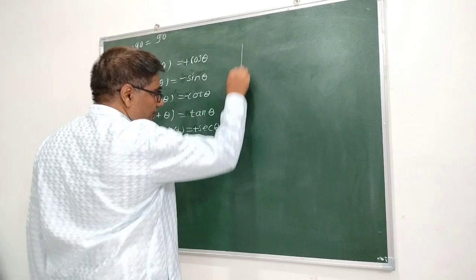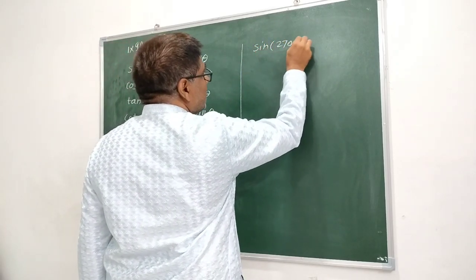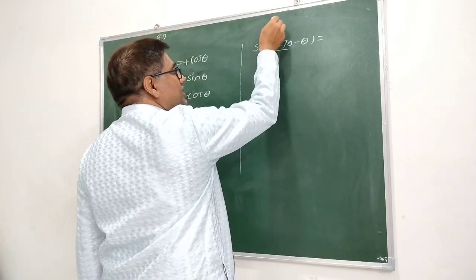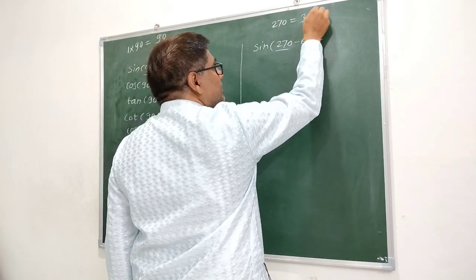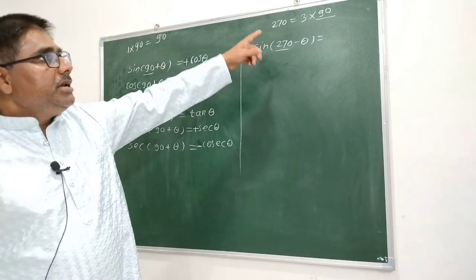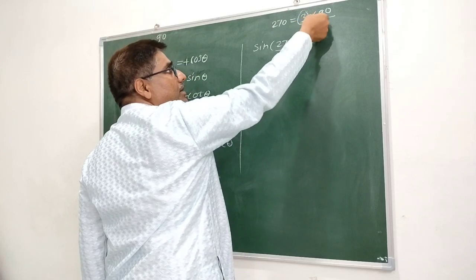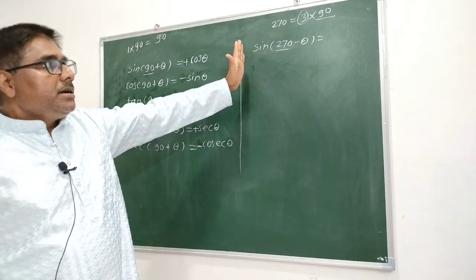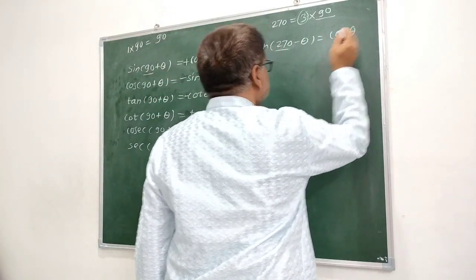Like this, whenever we have sine of 270 minus theta, then as 270 is odd multiple of 90, that is 3 into 90, we get 270 when we multiply 90 by 3. Therefore, here definitely we are supposed to change the ratio, sine to cos. This will be cos theta.